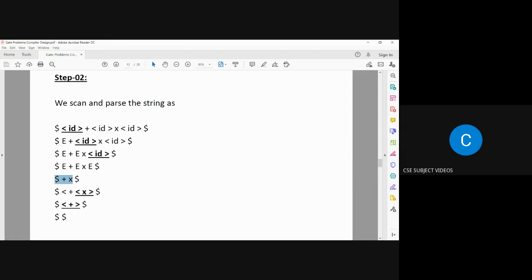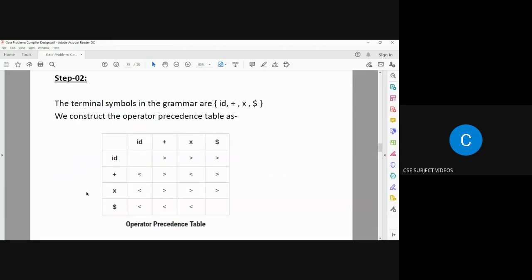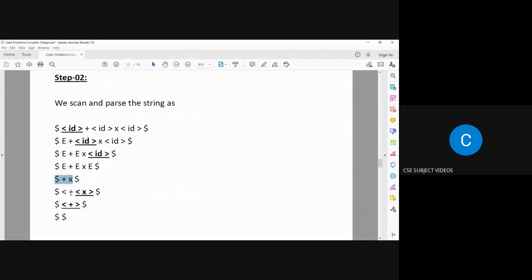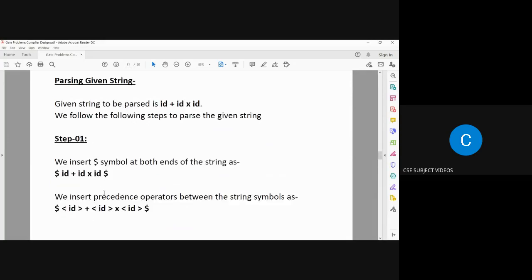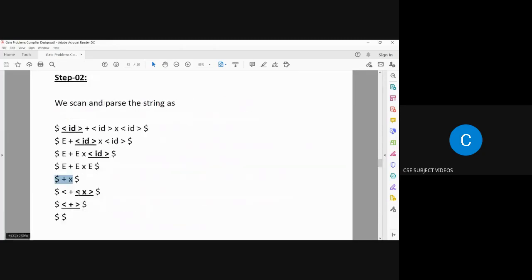Again plus and then the multiplication symbol: plus less than the multiplication symbol. Again the multiplication symbol and then dollar: the multiplication symbol is higher priority than dollar.